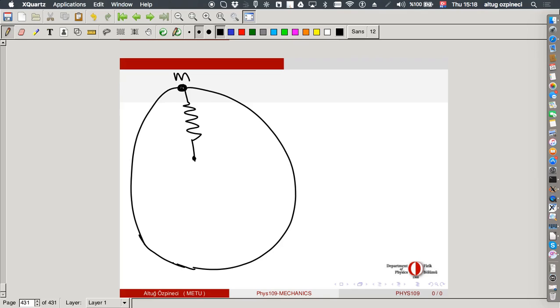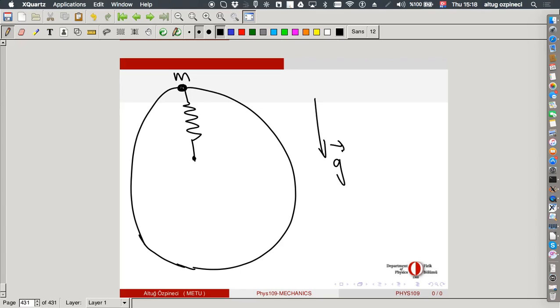So this will be basically the shape of the motion. Because there is also gravity, and the object is moving down from this point down to here, its speed is increasing.